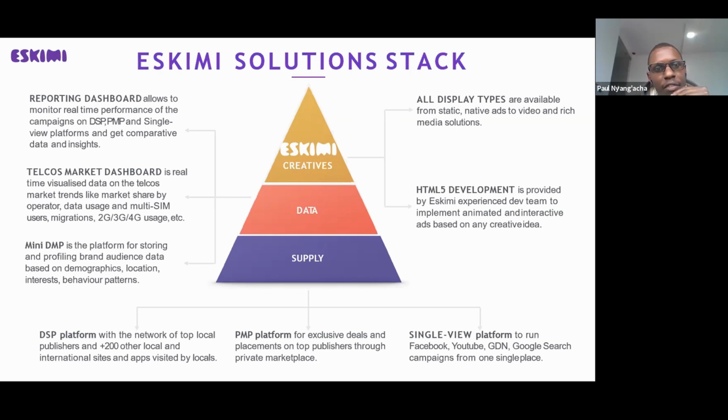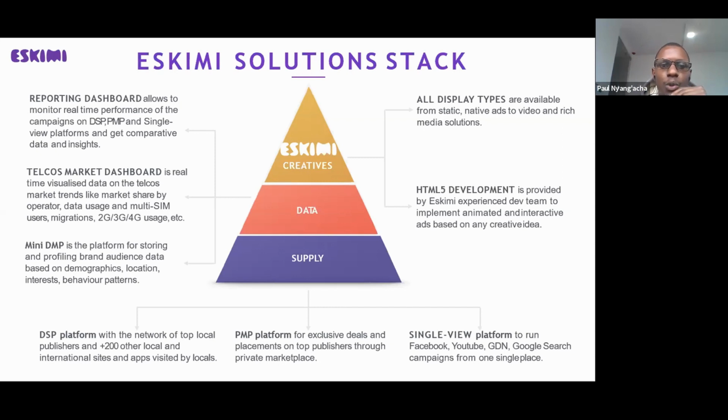This is real-time visualized data on telcos market trends, like market share by operator, data usage, and multi-SIM users migration, that is 2G, 3G, 4G usage, etc. We also have a mini DMP, a data management platform. This platform stores and profiles brand audience and data based on demographics, location, interests, behavior, and patterns.